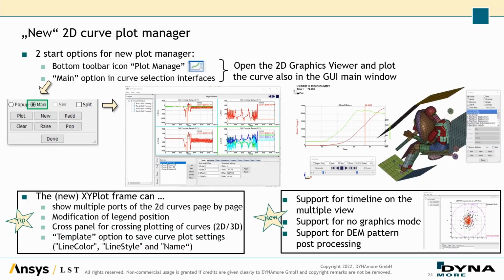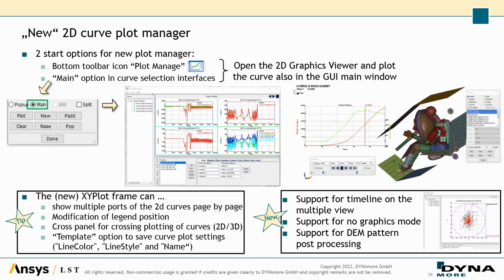If you activate main here or go to the bottom toolbar icon plot manage, then you can start the newer 2D curve plot manager. It is called main because in the main window there's also the curve plot visible.